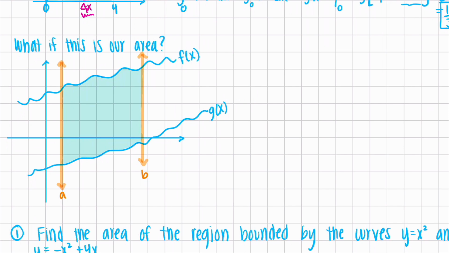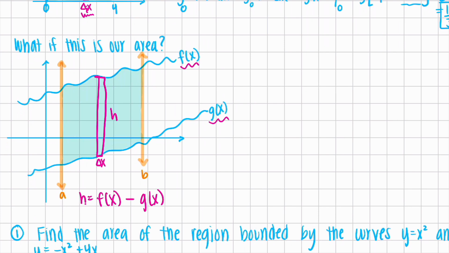So if I do the same thing where I draw that initial rectangle, the base of that rectangle is still some delta x, some change in x. What would the height of that rectangle be? Well, the height would be my original function, let's say h equals f of x minus my g of x. That would be the height of this rectangle.